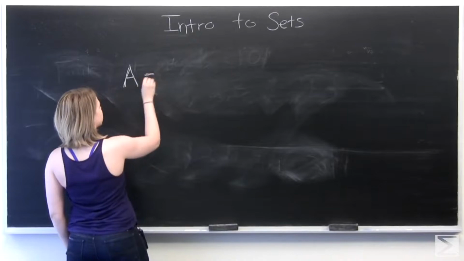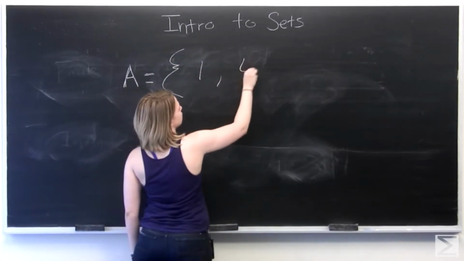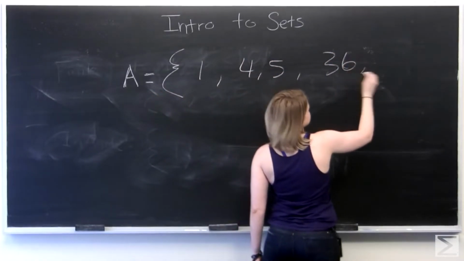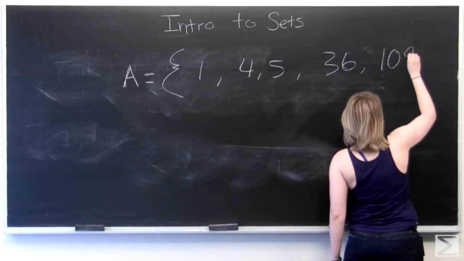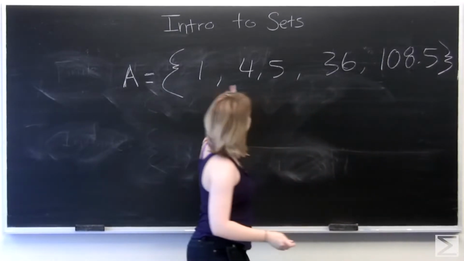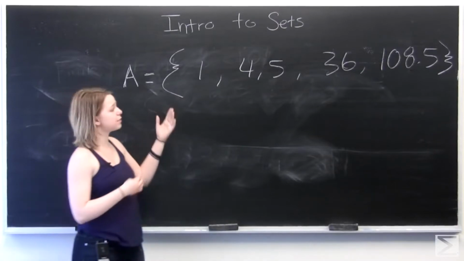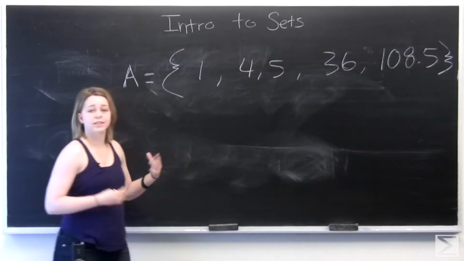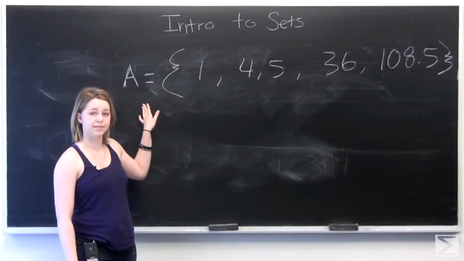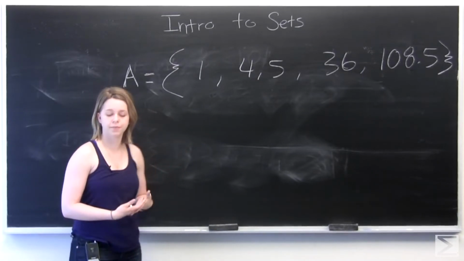For example, we've got a set A that equals 1, 4, 5, 36, 108.5. So this set A of 5 numbers, these numbers don't really go together. They're defined and they go together because I've defined them to be in set A. That's why these are a set, even though the numbers don't have anything to do with each other.